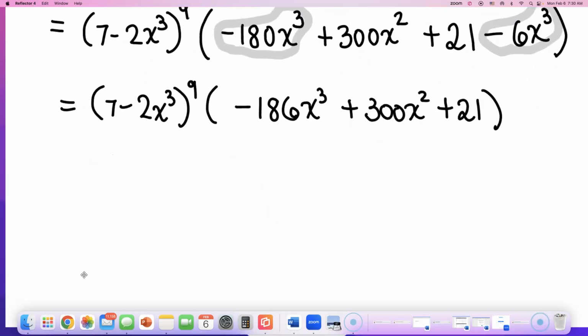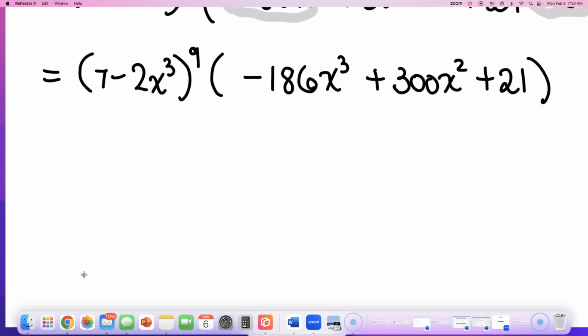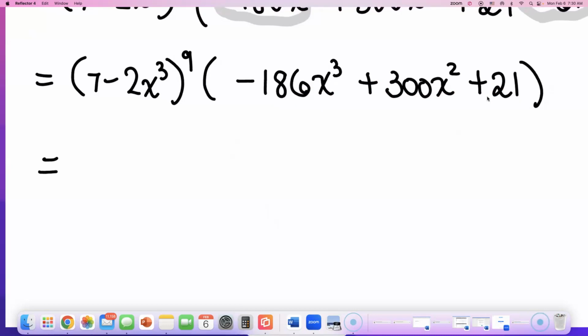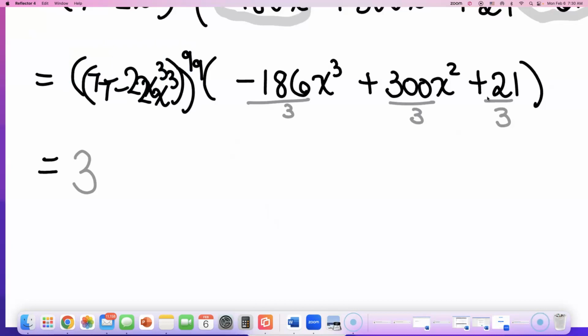Now if I'm going for a completely factored form, I think I may be able to factor out 6 from, no, probably not 6. Let's try to factor out the 3 from this, okay? So I'm going to divide all of these terms by 3 and have that big 3 outside. Bring this down exactly the same.